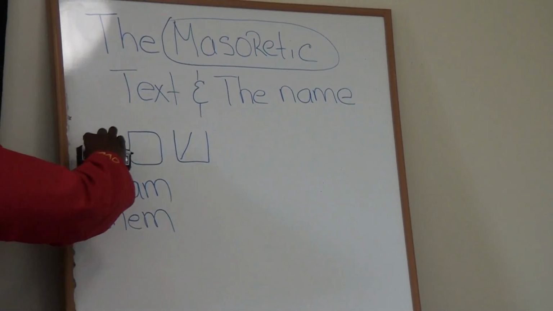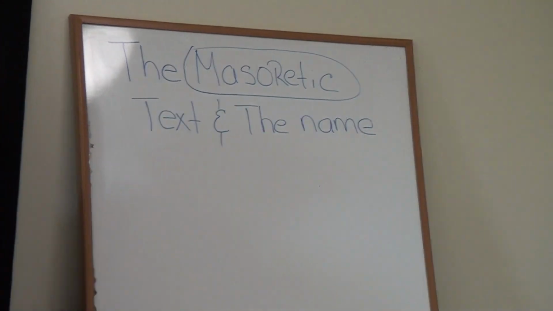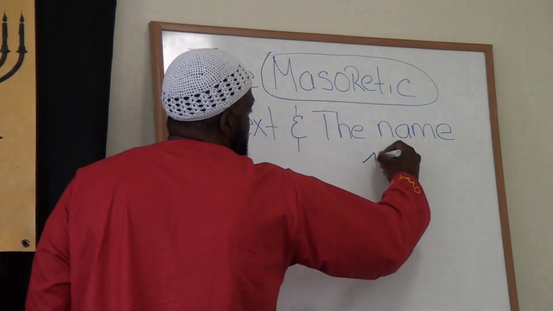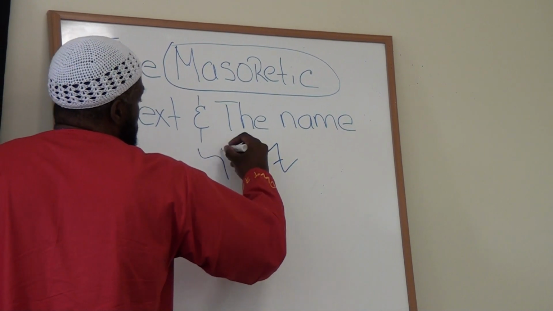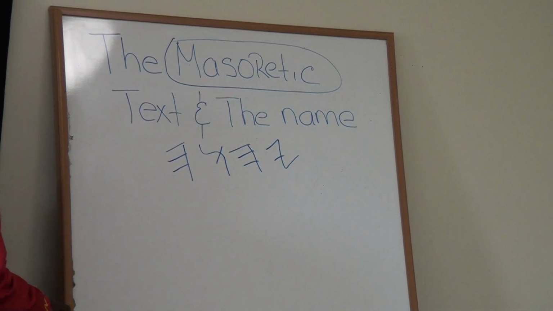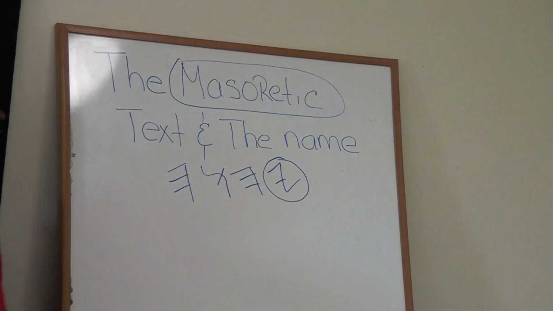So, we have to be able to identify the name. And the name that we're looking to identify properly is this name right here. The Yod, Hey, Hu, Hey. The way that we're pronouncing it here in the congregation of Yashra'al, this right here makes what sound?